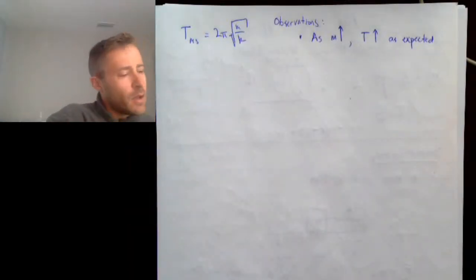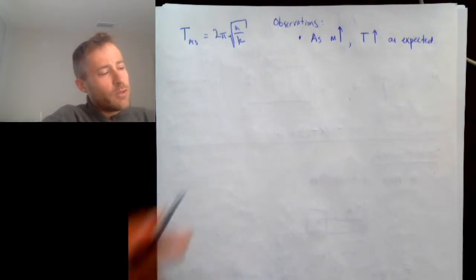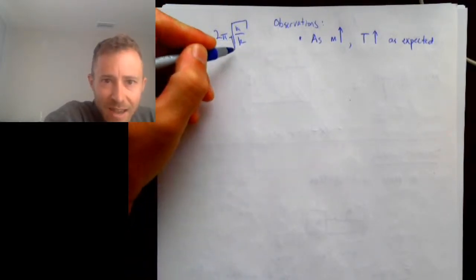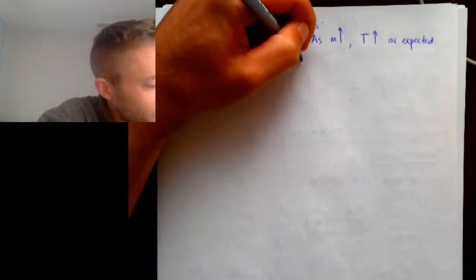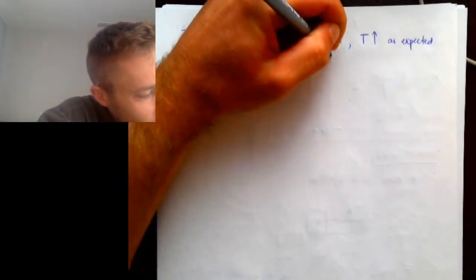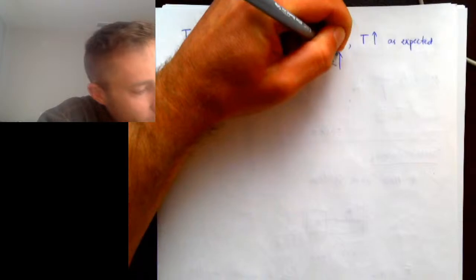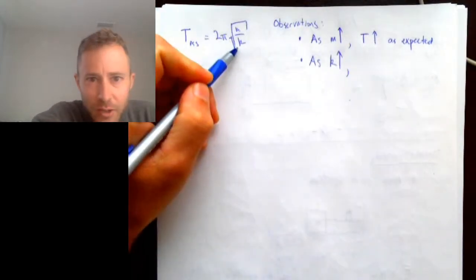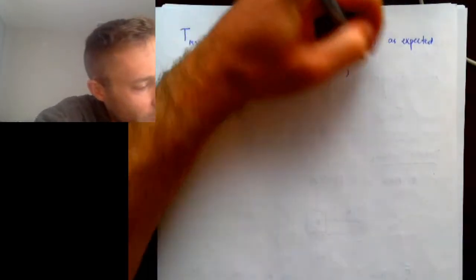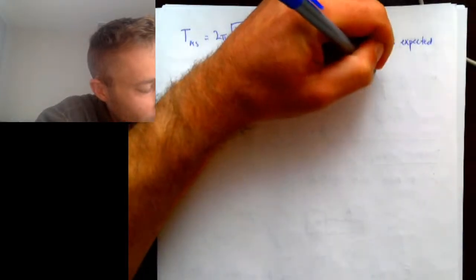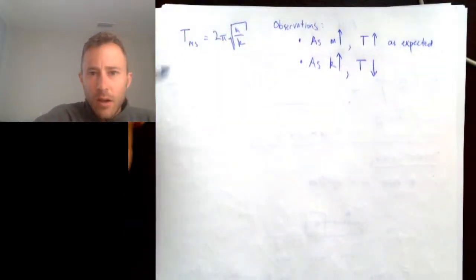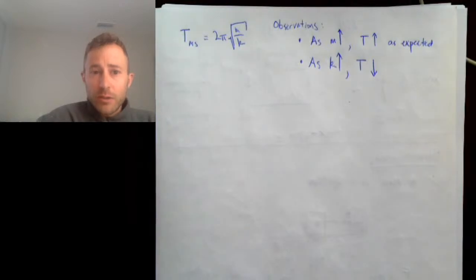All right? The other thing we see is that as k increases, we can see that k is on the denominator. So as k increases, the period is going to go down, which also makes perfect sense, okay?